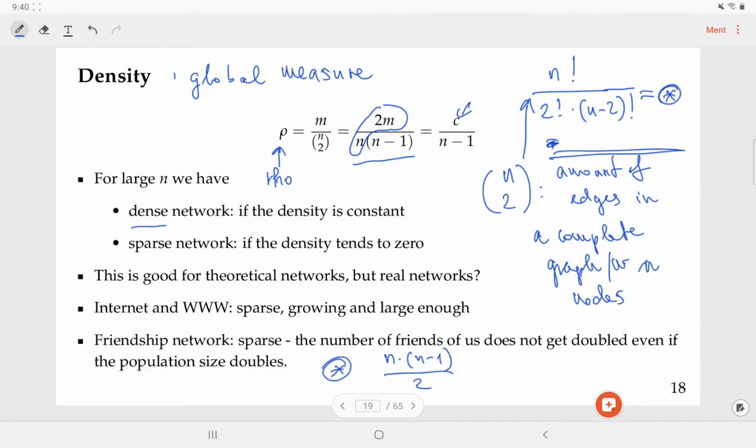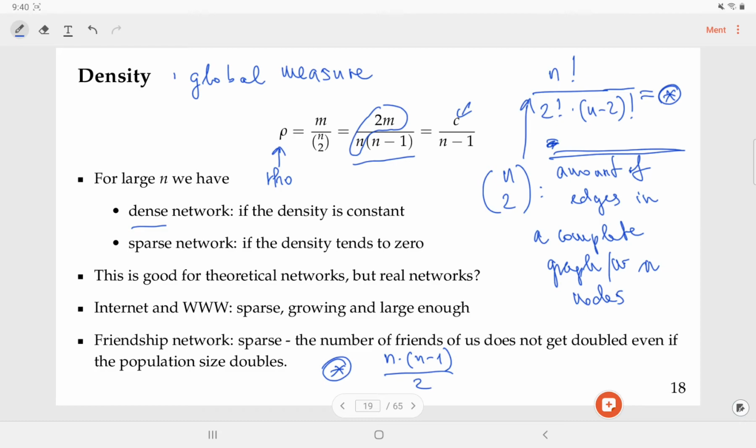But we can also say that if the graph is growing, let's say it's a dynamically changing network in such a way that it's growing, then if the density remains constant, then we might want to call the network a dense network. And with the growing network, if the density tends to 0, then that's definitely an indication of a sparse network.